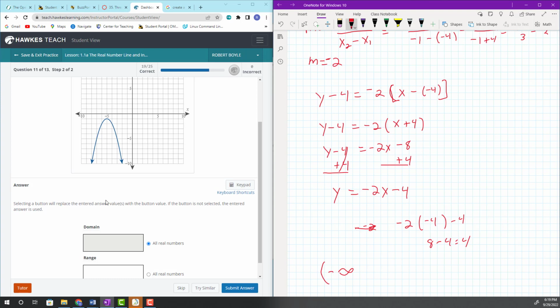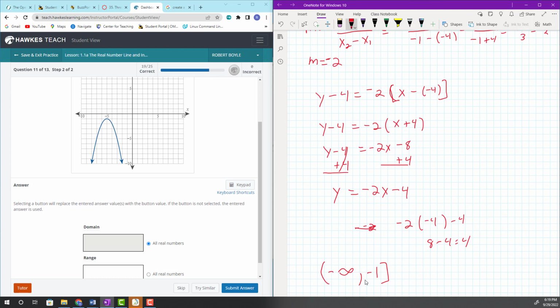And as we go up the y-axis, we notice that the range will end at negative 1. That is the highest y value for which there's a graph. Okay, so it starts at negative infinity and it ends at negative 1, and we always are going to include negative 1.